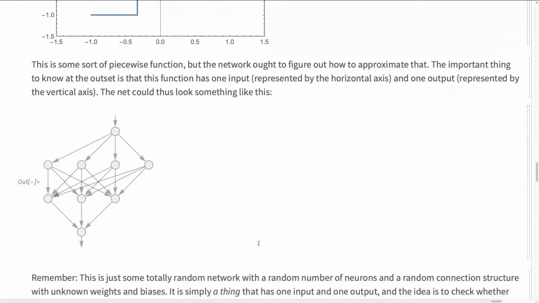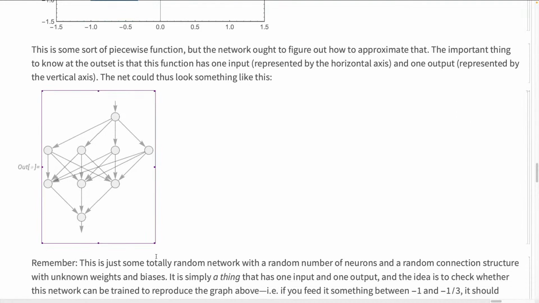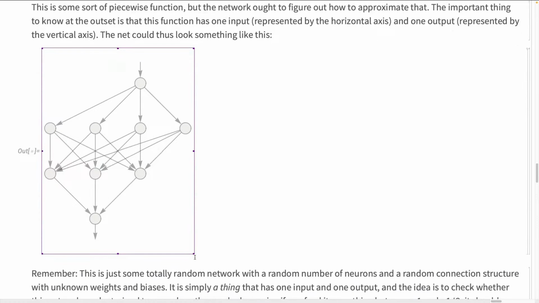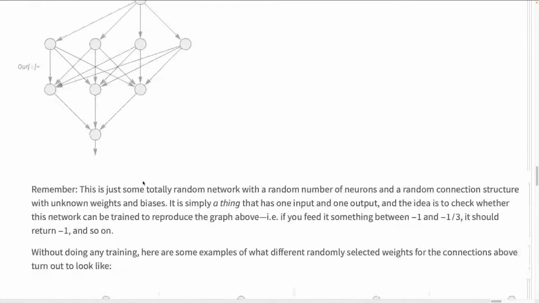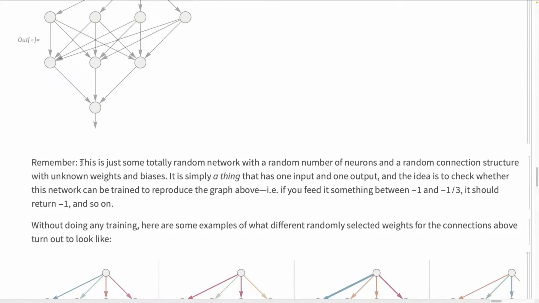One input, one output. So theoretically, the network could look something like this. And again, this is just totally random. This is not some wise thing where if you don't understand the shape of this, you're missing something. We've got an input and an output, and then everything in between, we're just saying, put some stuff here and connect it. Who knows? I just want to really push that.